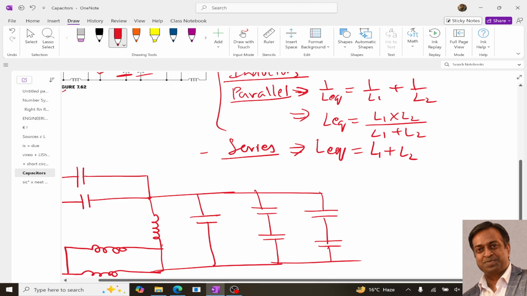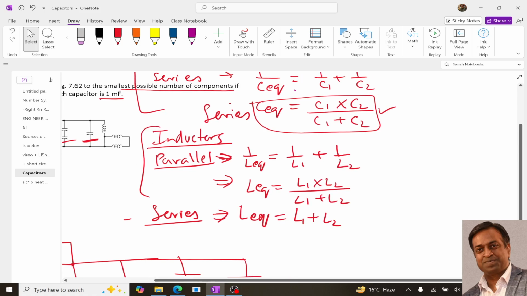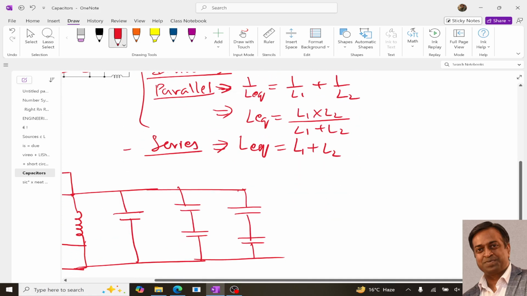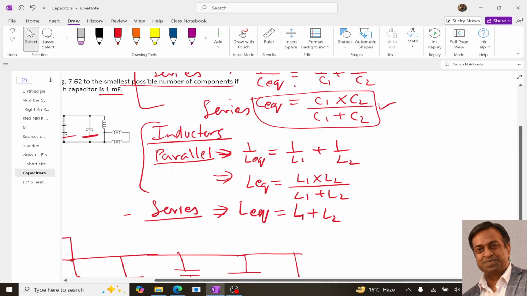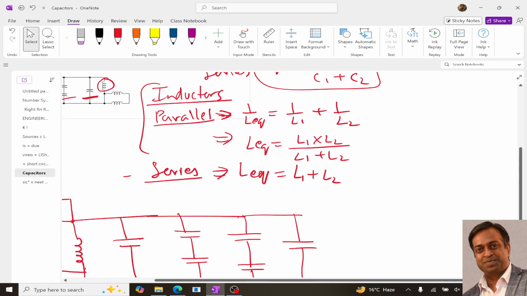After that we have another parallel branch with a single capacitor, so I will draw this single capacitor. Last, we have one inductor, so we will put this one inductor.